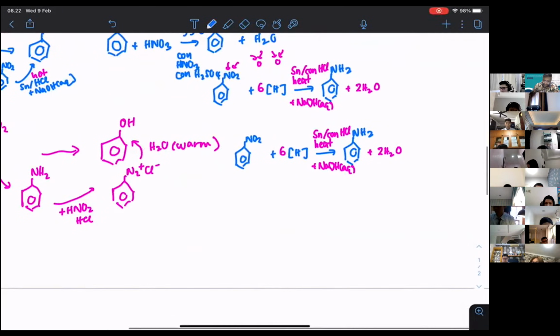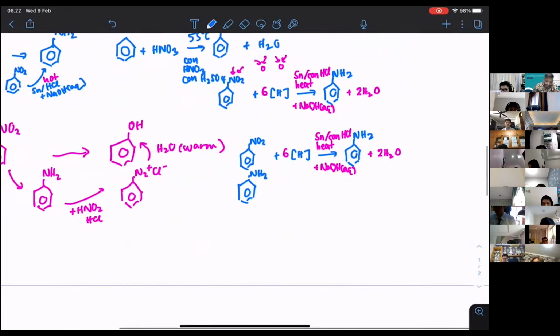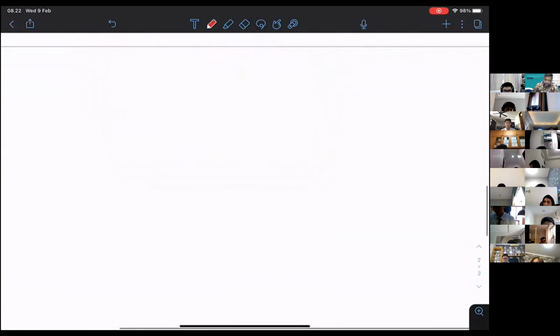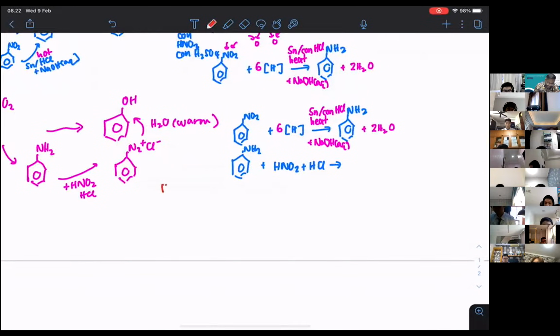Second reaction, once you have this phenylamine, you need to react with HNO2 and HCl. How do you prepare this? Please remember, HNO2 needs to be prepared separately.